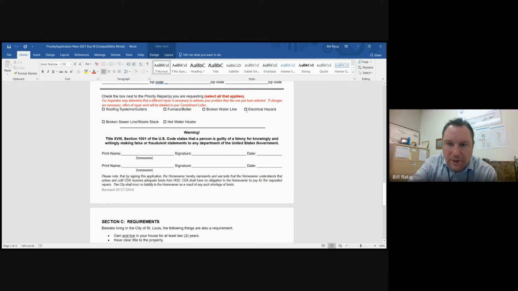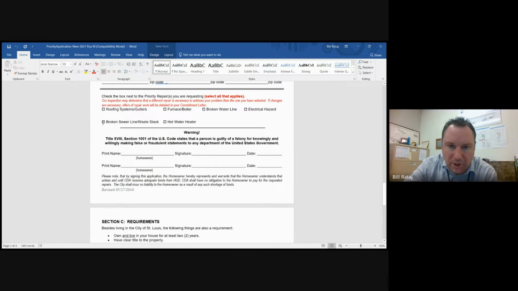You have an electrical hazard, so maybe you turn the light switch on and sparks shoot out of the outlet, or you don't have electricity in most of your house because it's hazardous and it's not working. You may have a broken sewer lateral, or it's backed up, or your waste stack is broken or cracked, and you have raw sewage leaking into your basement or your house.